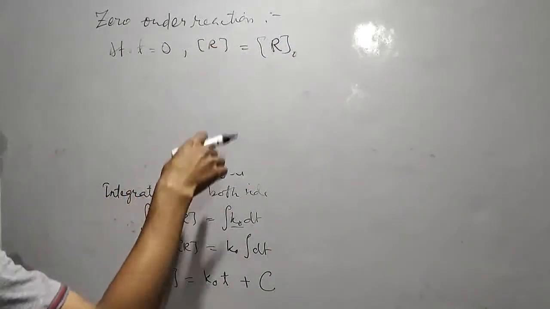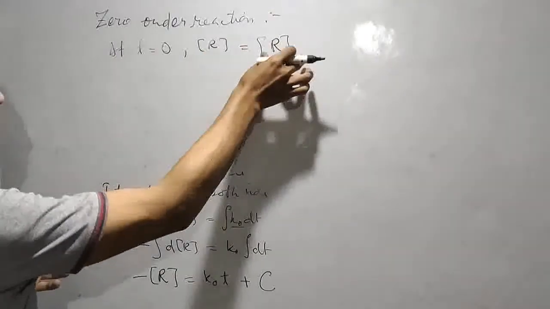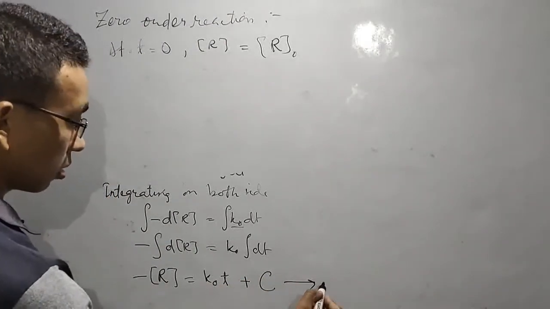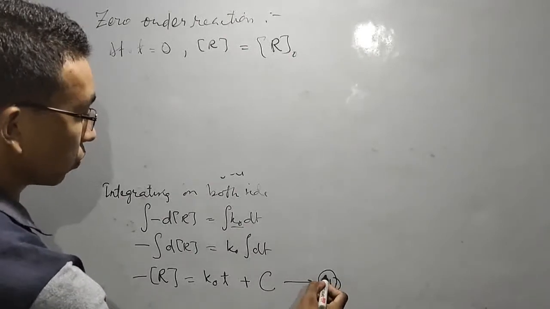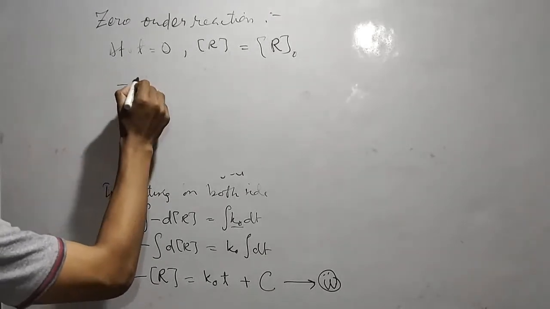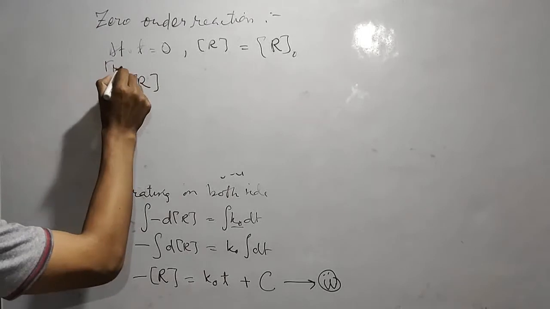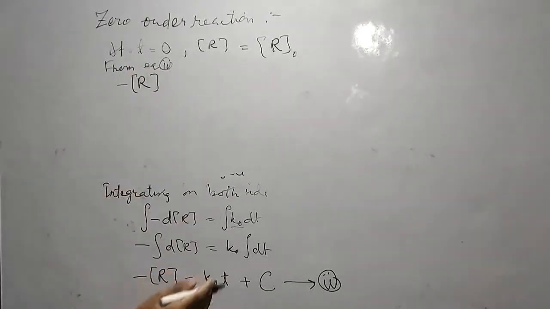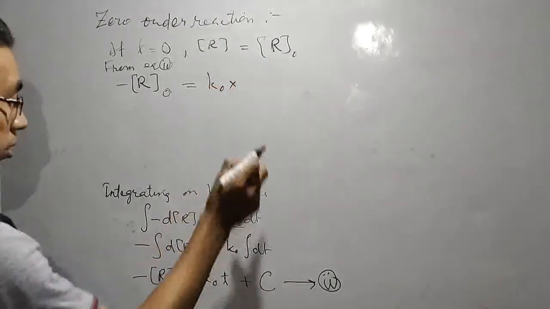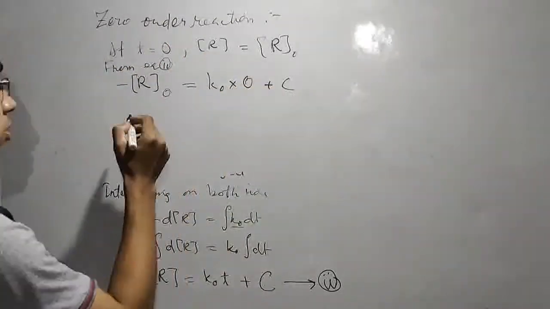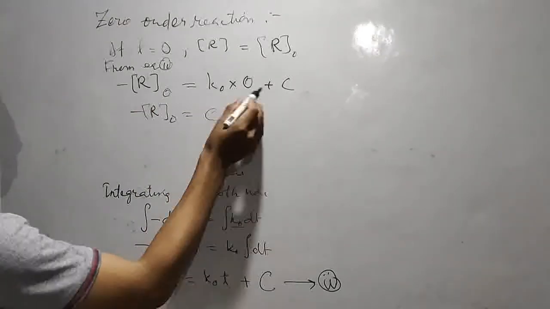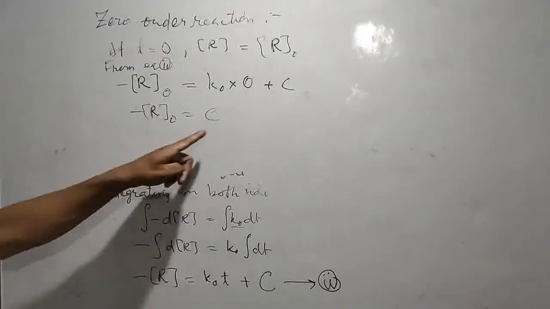Whatever concentration of reactant is present at time t equals 0 is the initial concentration [R] naught. Therefore, from equation number 2, minus [R] naught is equal to k naught into time 0 plus C. So we will know the value of C. The value of C is minus [R] naught.